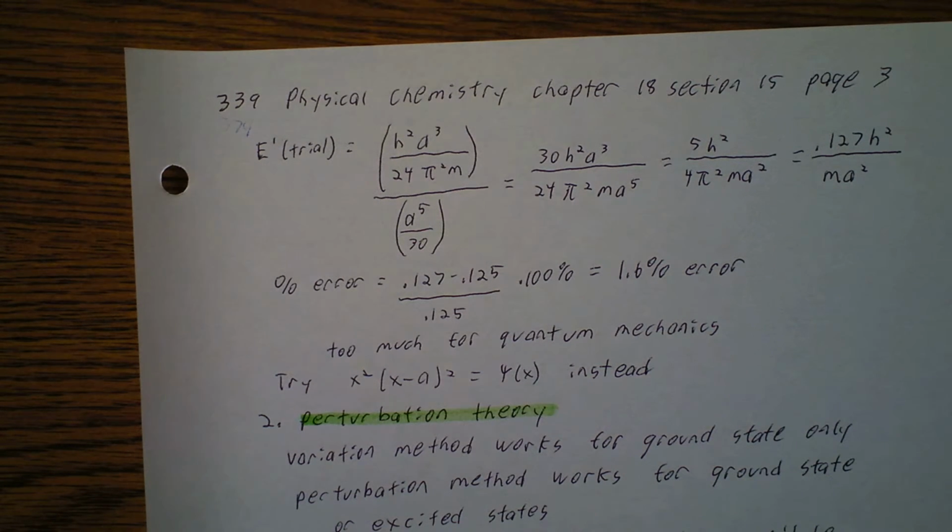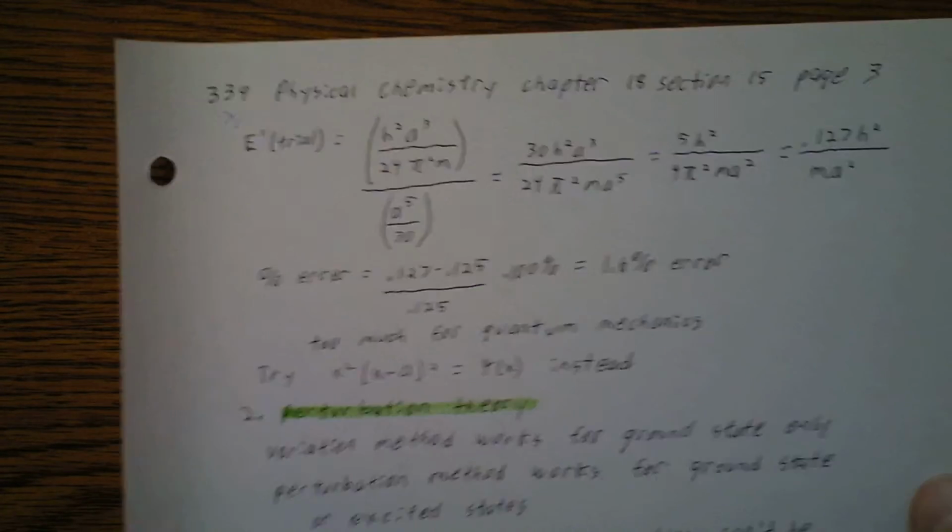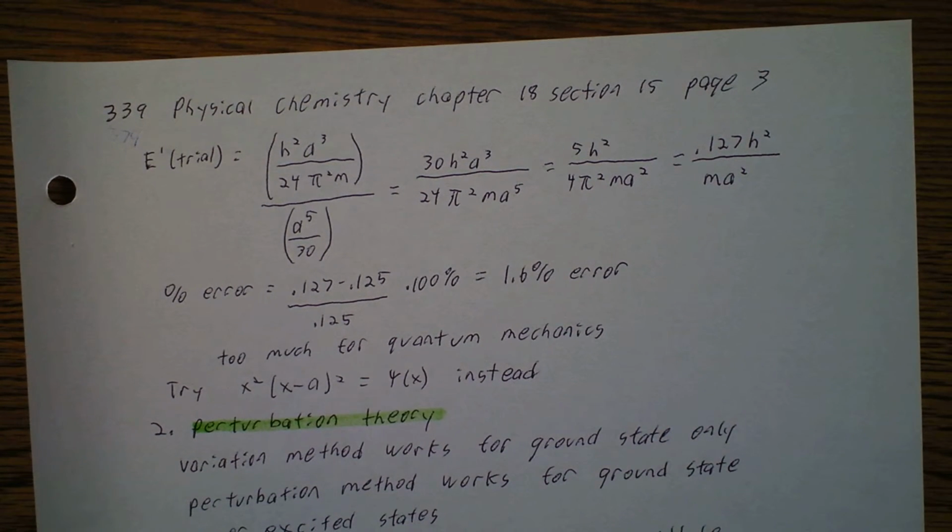Rearrange it, we get 30 h squared a cubed over 24 pi squared m a to the 5th. Cancel a few things out, we get 5 h squared over 4 pi squared m a squared. So that's equal to 0.127 h squared over m a squared.